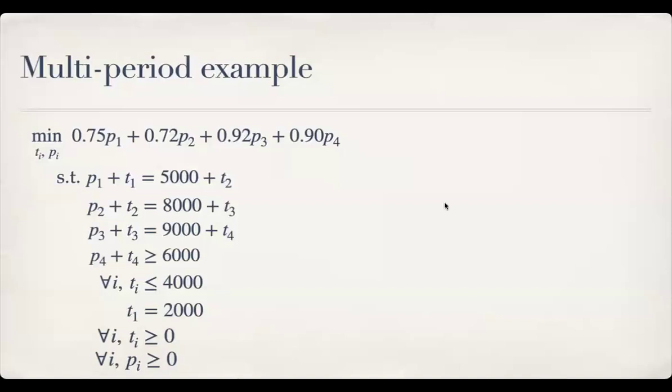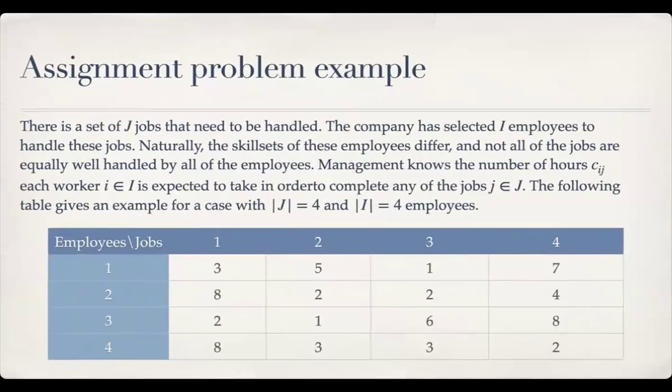Okay. So we move to the next one. It's an assignment problem. For assignment problems, imagine that you have jobs. Also, you have several jobs and you have people to handle each job.